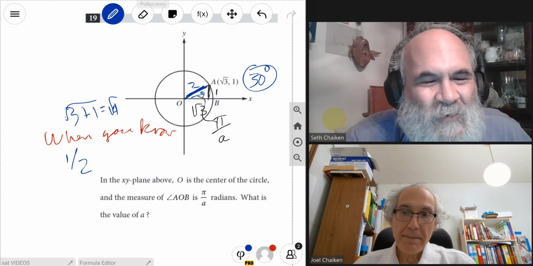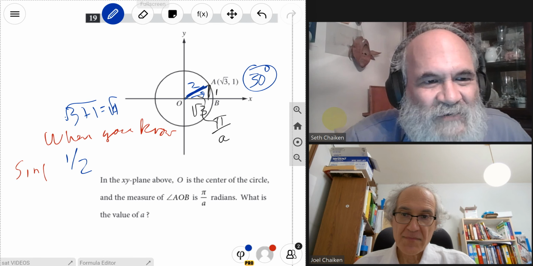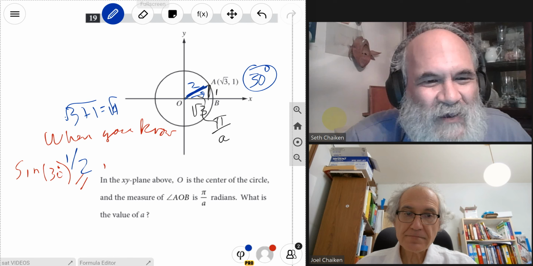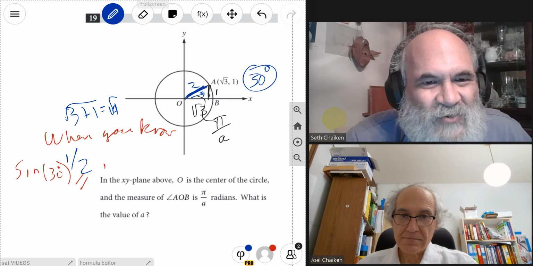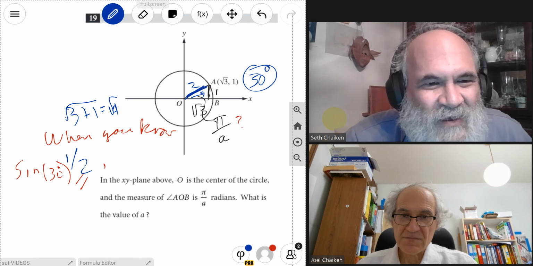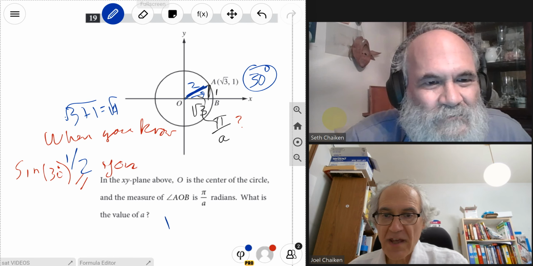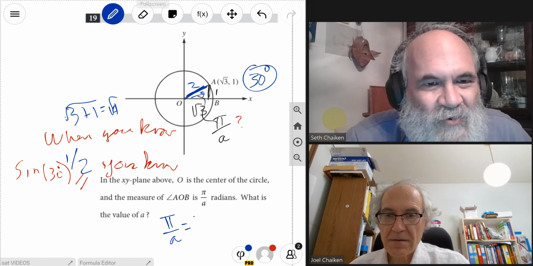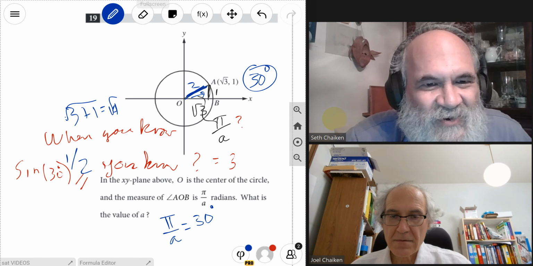When you know the sine of that angle equals 1/2, you know that's called the question mark angle. So pi over a, the question mark angle, equals 30 degrees.